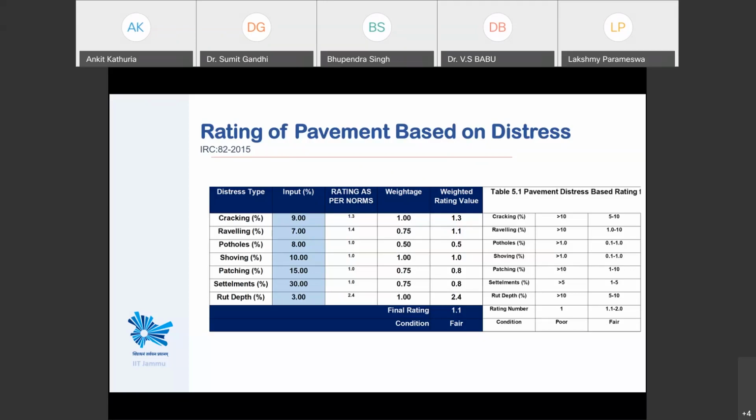Based on the weighted rating value, you will get a final rating, which for the dummy set of input that we have used comes out to be 1.1, which means the condition is fair. So the condition will be either poor, fair, or good. We'll look in more detail at how we use this rating to further evaluate flexible pavements.